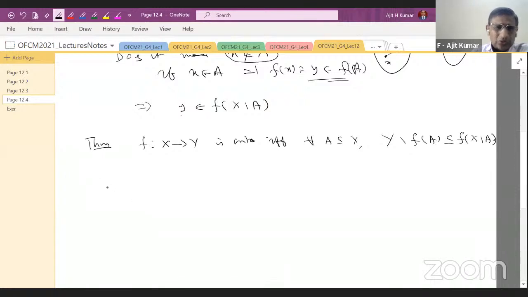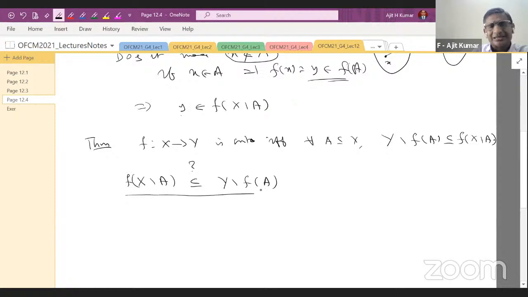So you could also look at what happens the other way around, that is, look at f of X minus A. When will this be contained in f of Y minus f of A? That is the second part we wanted to explore. And you can show that this will give you a characterization of one-one functions.